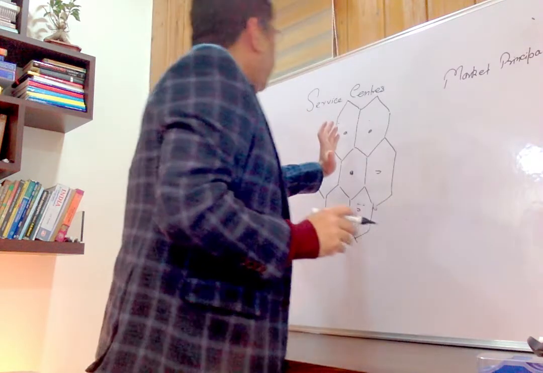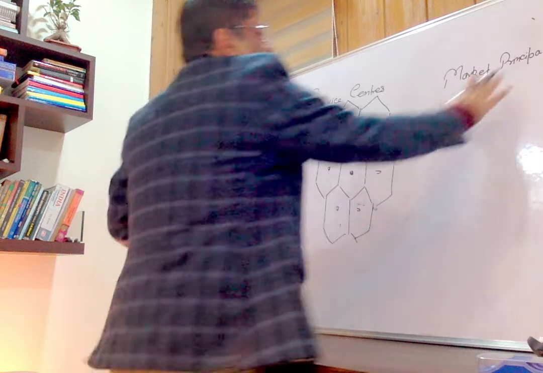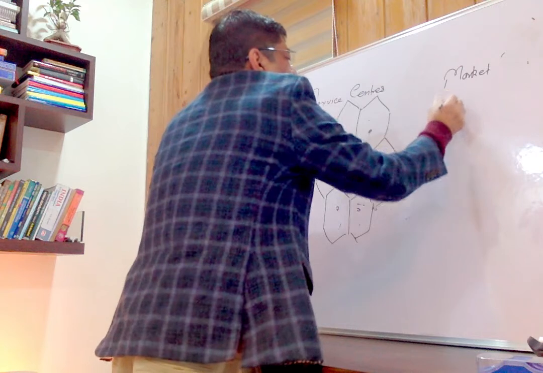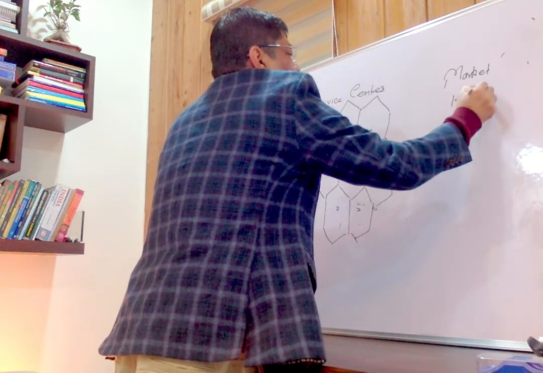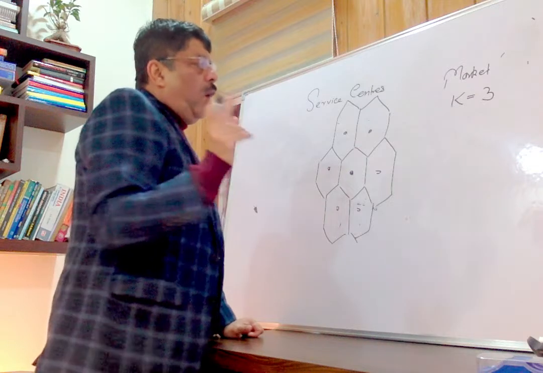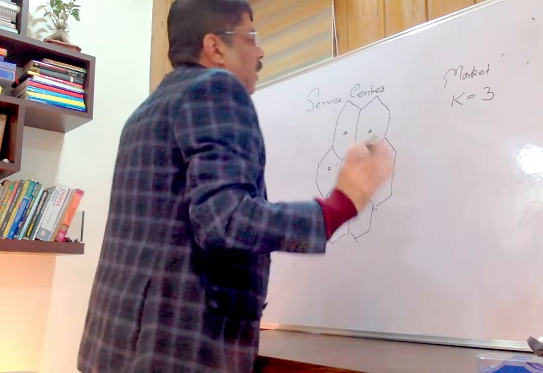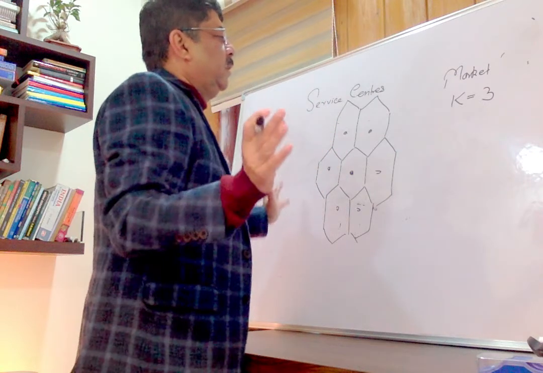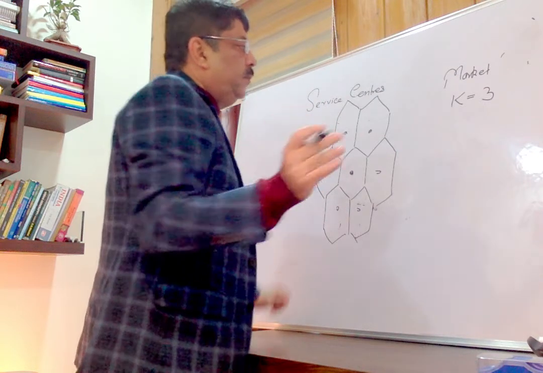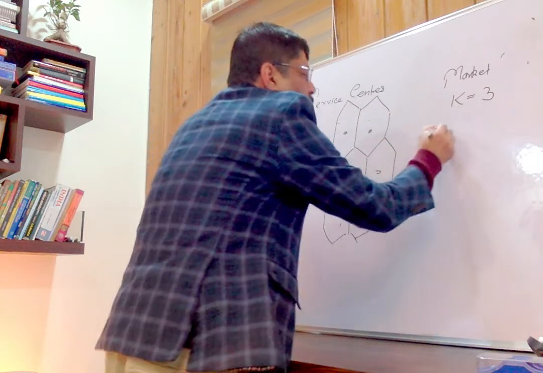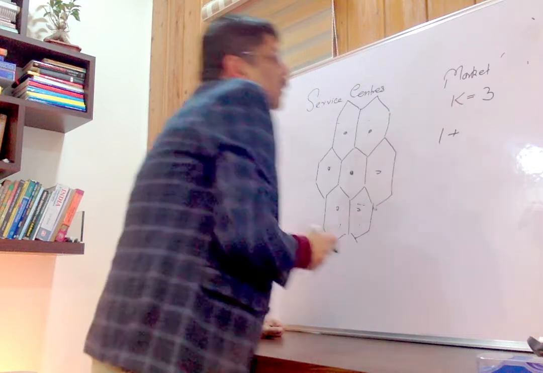According to Christaller, in the market principle, he has given a K value of 3. And how he calculates the number of settlements being served is 1 plus K3.